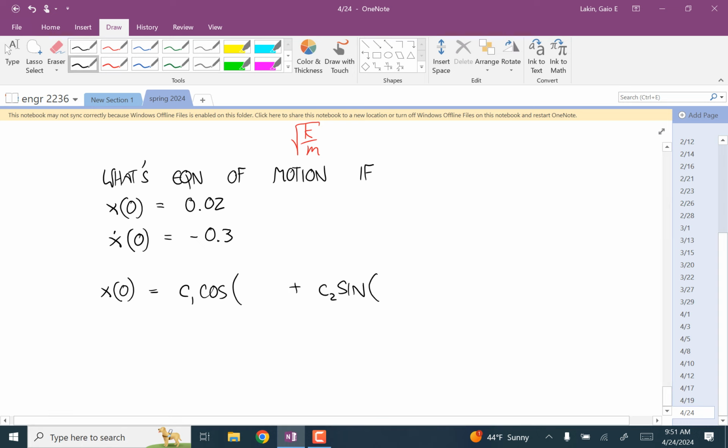This is at time equals 0, so these are just 0. And so this is equal to 0.02. This one goes away because sine of 0 is 0. So C1 is equal to 0.02.